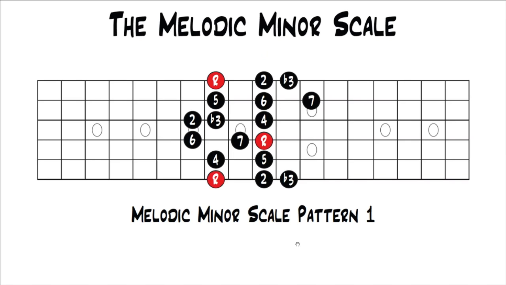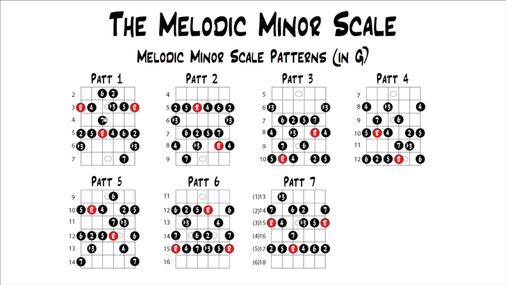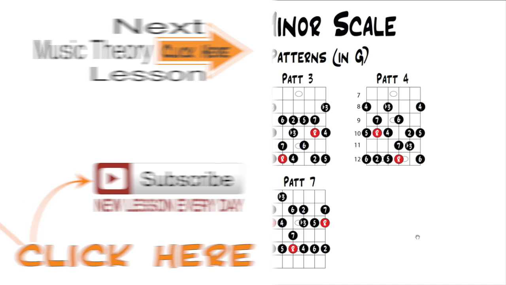So that's the way I like to think about it, is just taking the Dorian mode and raising all the flat 7s, and that gives me all my melodic minor scale patterns. And that's what I've drawn here. These are all based on starting with the Dorian mode and raising the 7s half a step, and that would give you these 7 patterns.